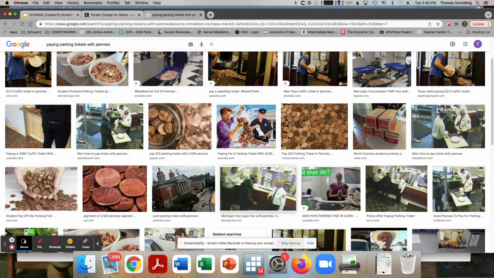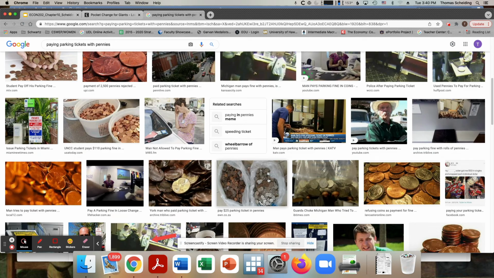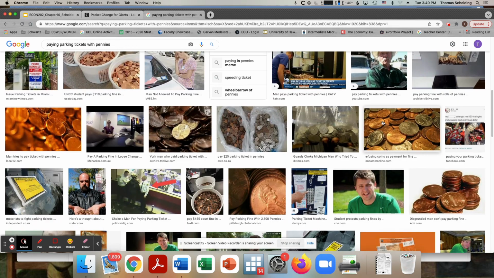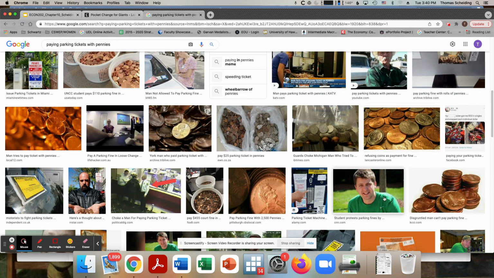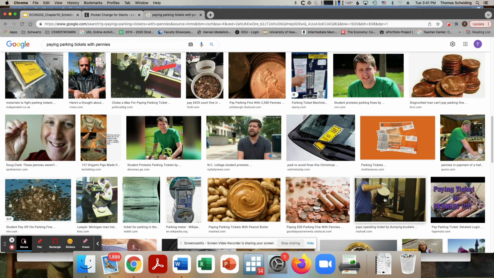It's just annoying. Let's just be kind to each other, right? Don't be this guy with the cowboy hat who just looks like the kind of guy who would pay a parking ticket with pennies. Or that guy. I'm sorry if you look like that guy, I'm just saying by looks you look like the kind of person that would pay it with pennies. But come on, you're looking at it and you're thinking the same thing.